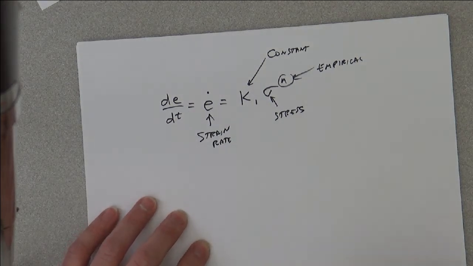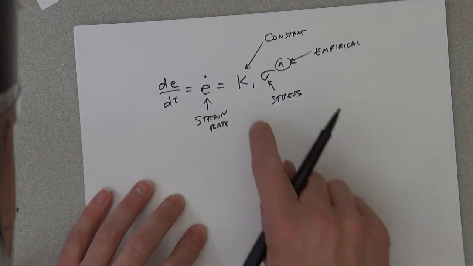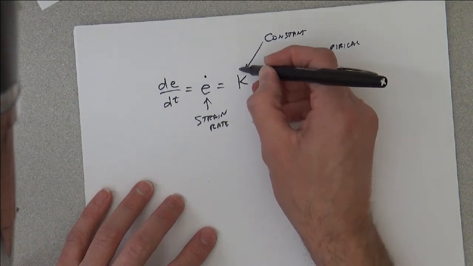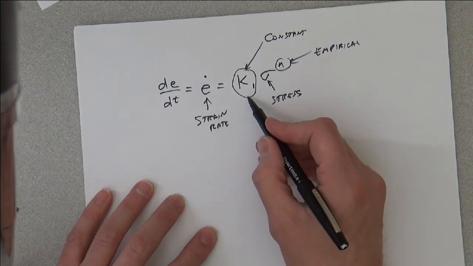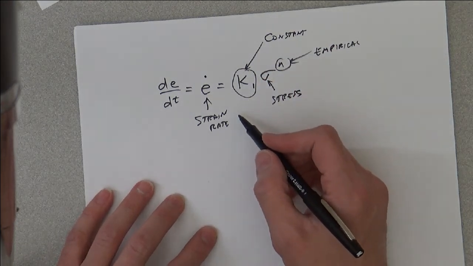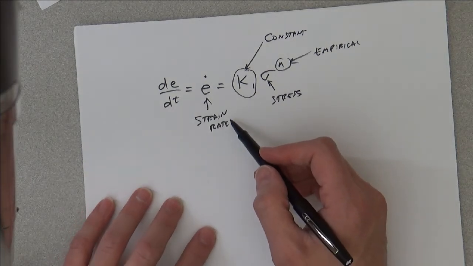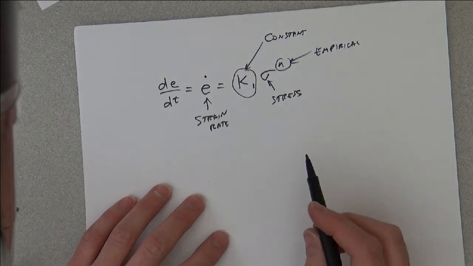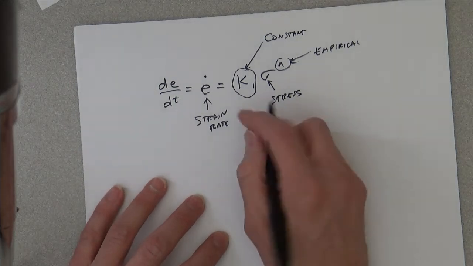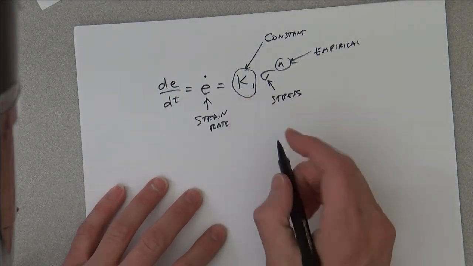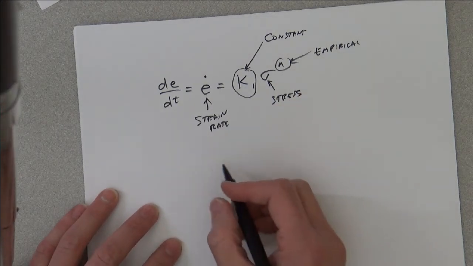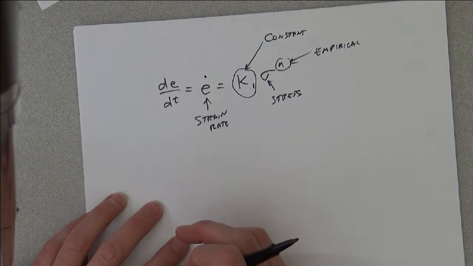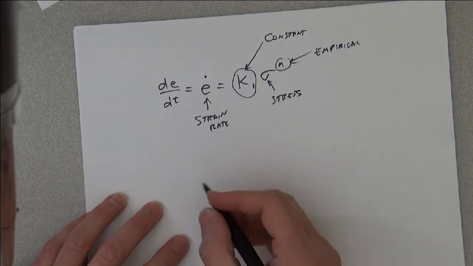Now, in this case, this constant is actually going to also carry with it the material information, right? Because we talked about these power law relations and the Arrhenius relations, and oftentimes you wind up with the materials information being carried in these coefficients. And in the case of this particular power law relationship, that's going to carry information about the thermally activated processes.